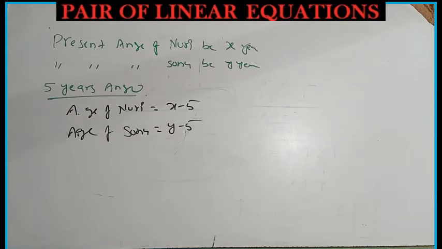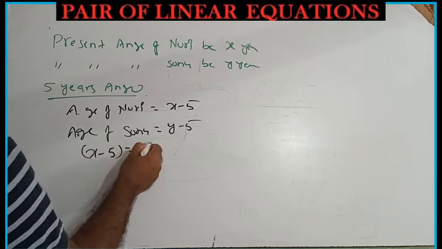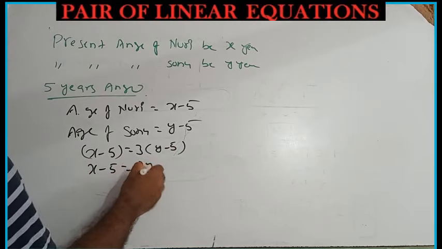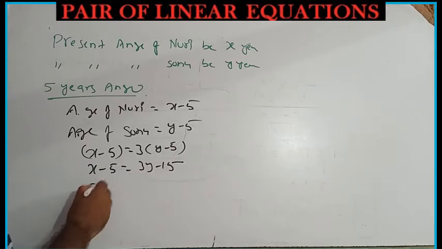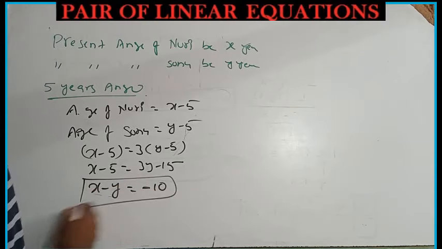According to the problem, 5 years ago, Nuri was thrice as old as Sonu. Thrice, 3 times. x minus 5 equals 3 times y minus 5. x minus 5 equals 3y minus 15, or x minus 3y equals minus 10. This is one of the linear equations in x and y.